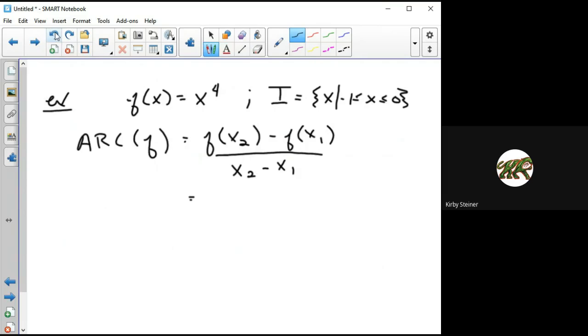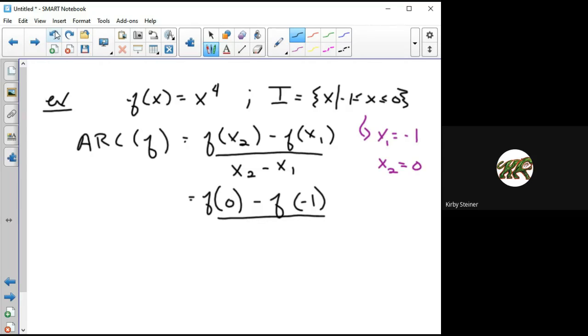From this, we know that x1 equals -1 and x2 equals 0. So we have f of 0 minus f of -1, divided by 0 minus -1.